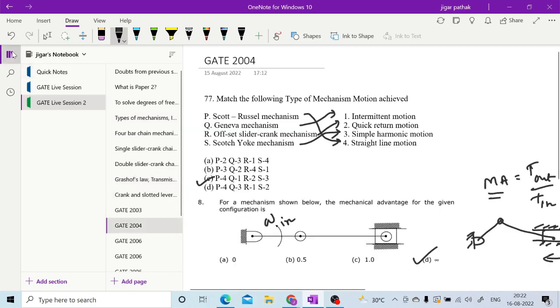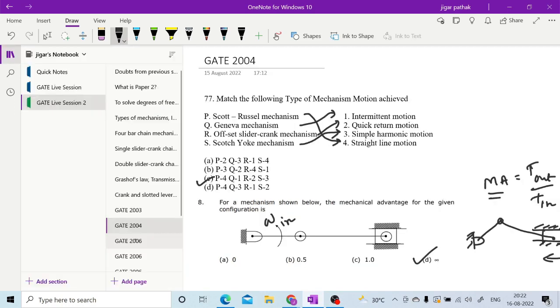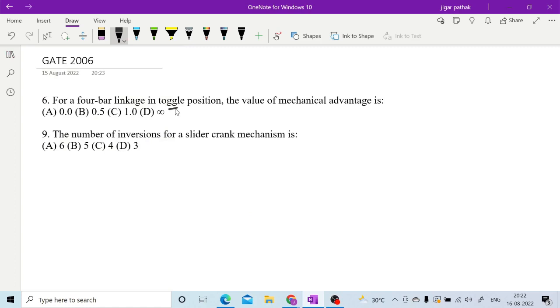Okay, thank you. After this one, let us go for the next one, that is the 2006 question. Here again it is the toggle position. One second, let me first draw this mechanism. This is the overall mechanism.